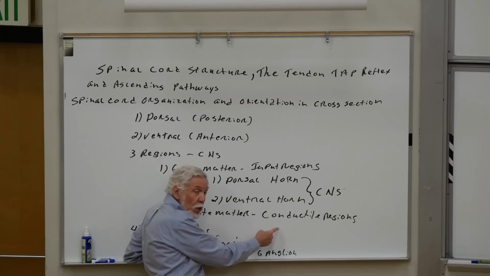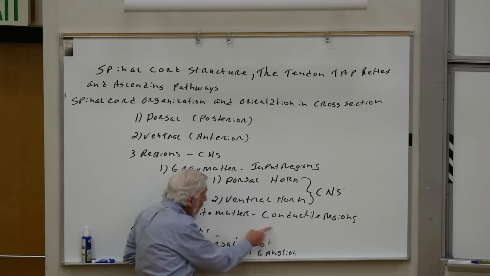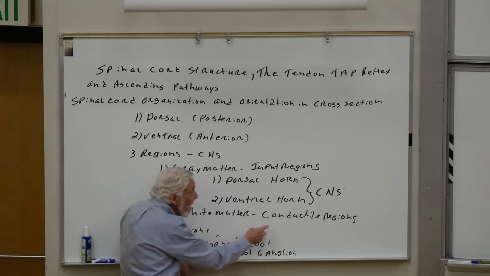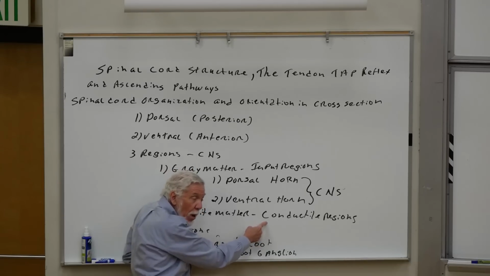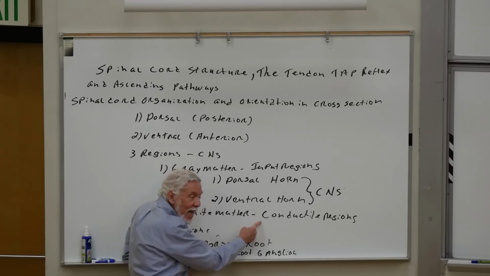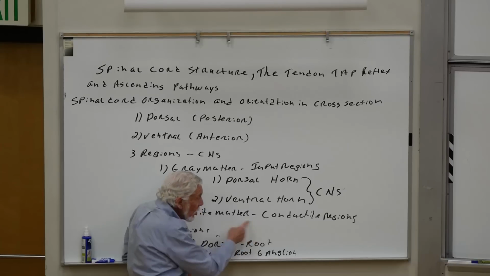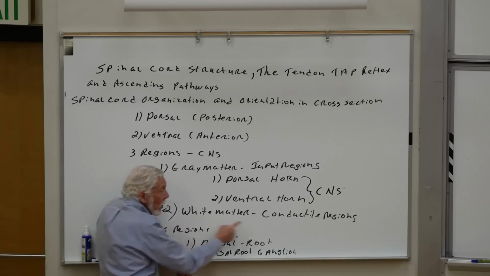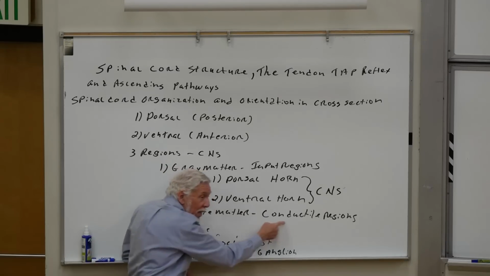These are the long-distance communicating parts of the neurons. And the reason that the white matter is white is because it is ensheathed by myelin laid down by oligodendrocytes. So it's white because it's fatty. And when you see white, you think conductal regions because these are the myelinated axons.